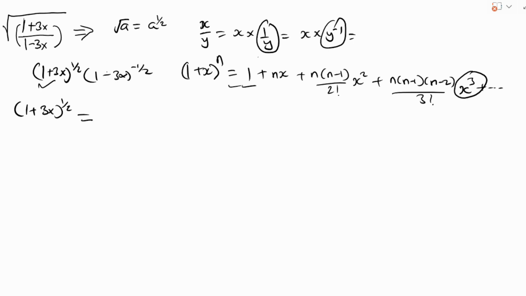Now here the value of x we shall pick as 3x, and the value of n we shall pick as 1 over 2.